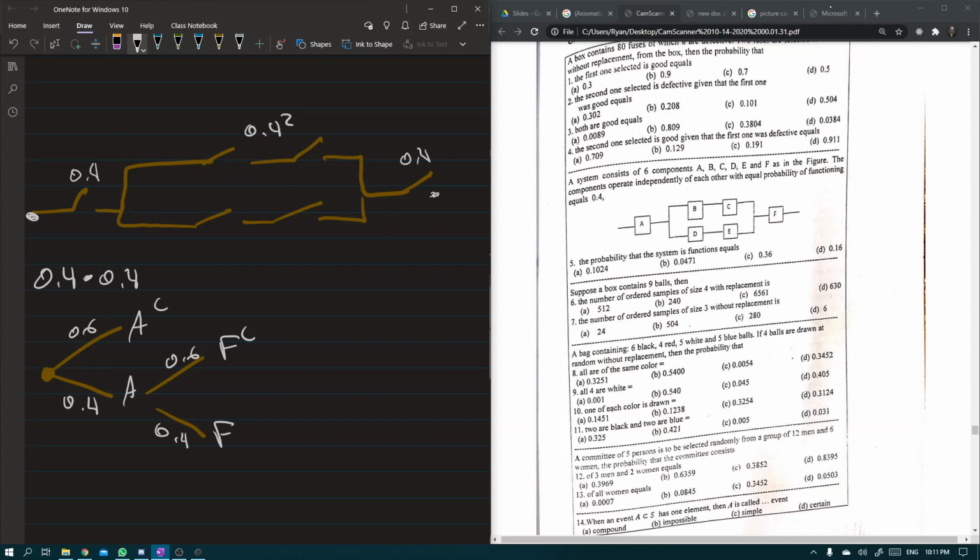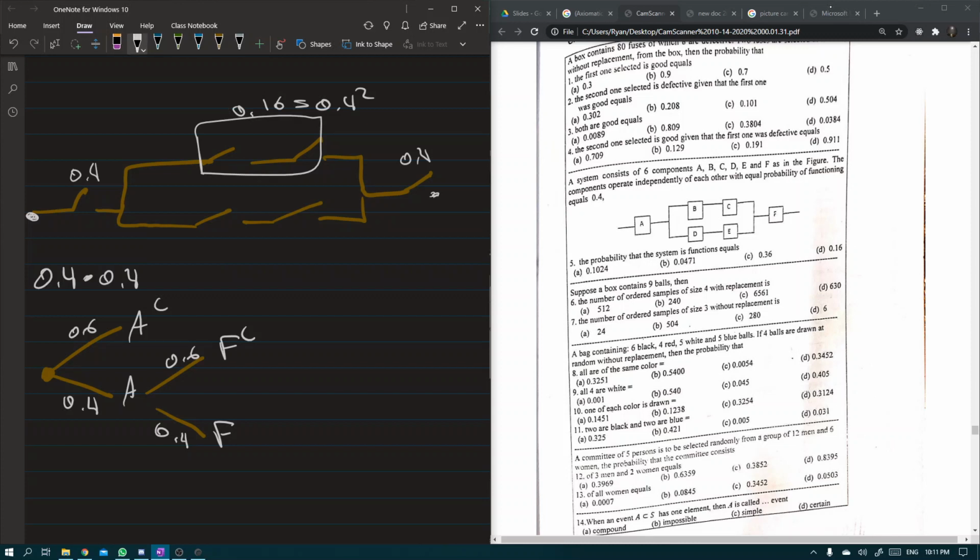Yep. This part, the probability of this working is 0.16, which is 0.4 squared, because we need both of them to work, or this branch won't work. This is the probability of both of them working.